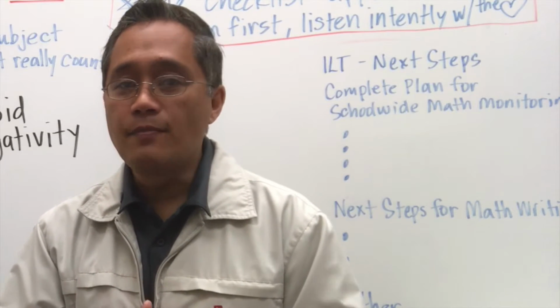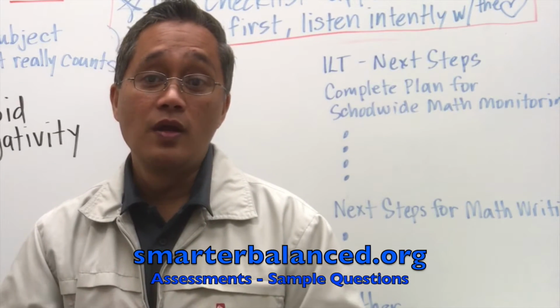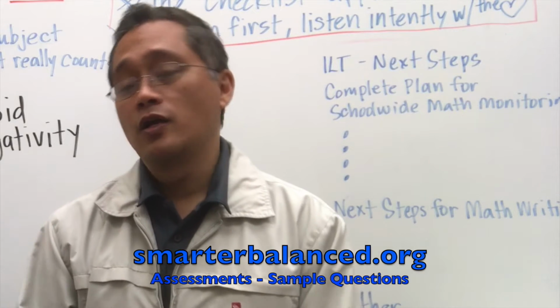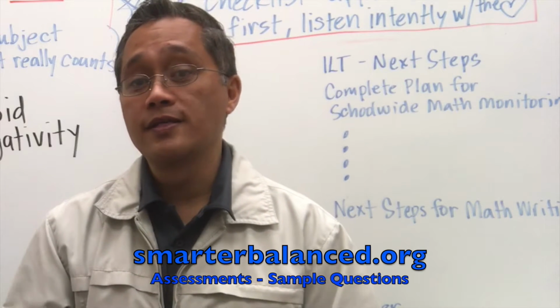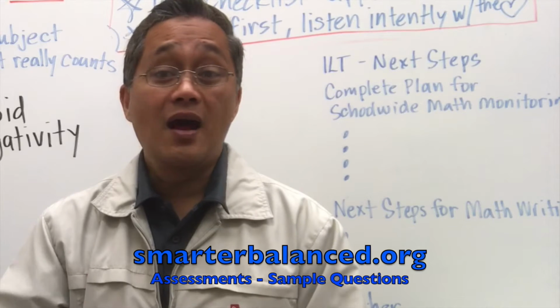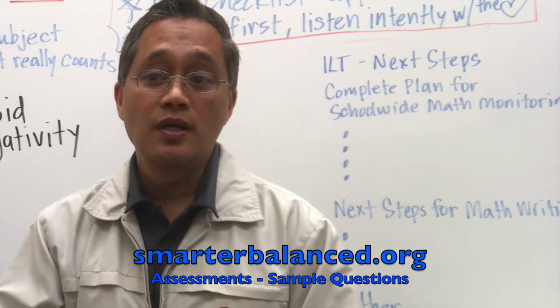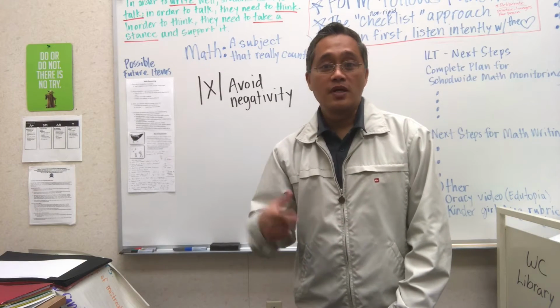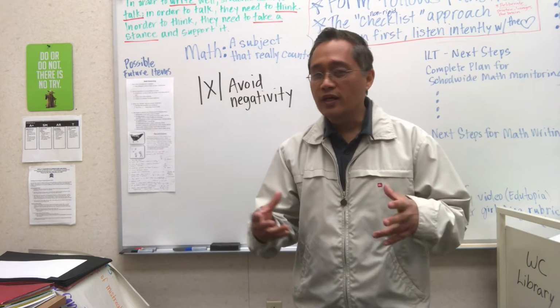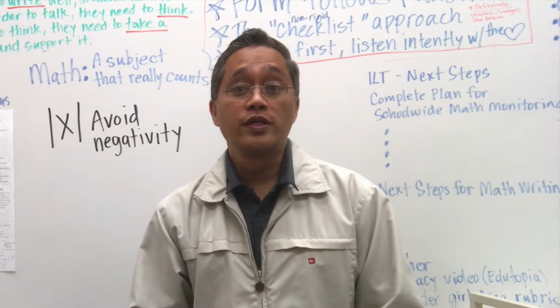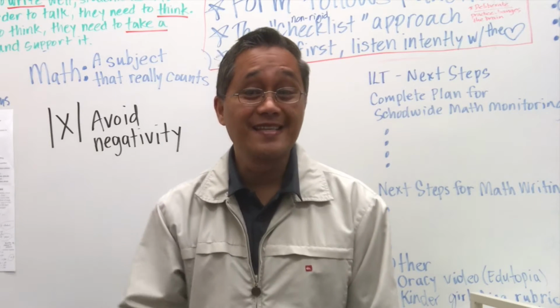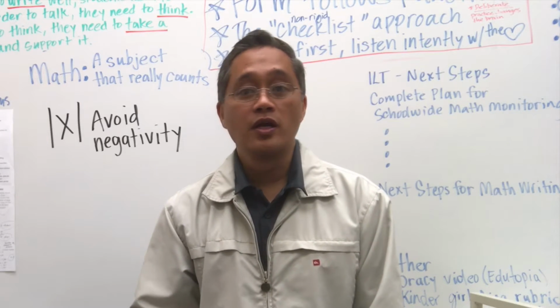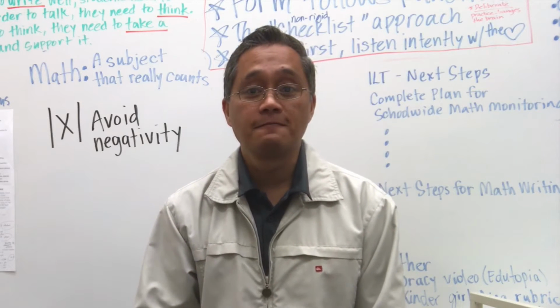When you look at the sample questions that are available on the Smarter Balanced website and also on the local measures for the lower grades, what you'll find is that our Take a Stance approach is perfect for preparing students to excel on the CAASPP. Even with questions that don't directly require writing, you'll notice that students who know how to take a stance will be better prepared to engage these questions.